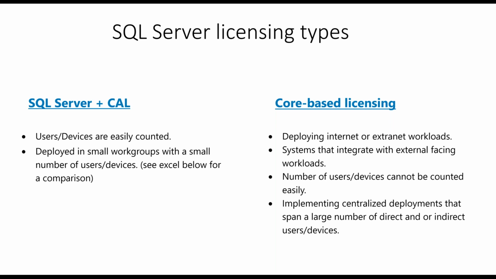So the SQL Server plus CALs is basically a license we will purchase whenever we have an easily counted number of user devices that are attached to the SQL Server. If we have a larger amount of user devices, we would shift to the core-based license.